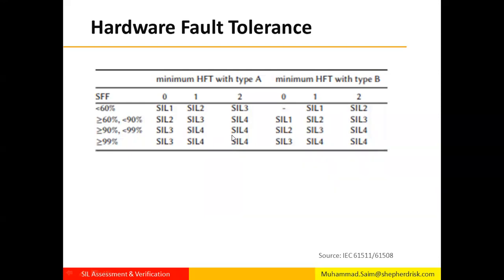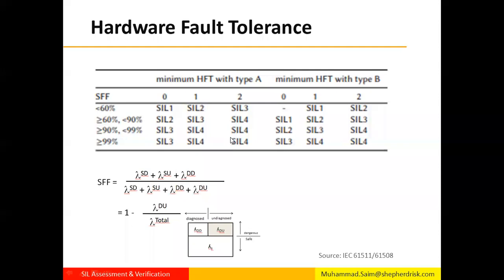There are two tables actually. One is for type A and the other is for type B. Type A hardware are mechanical intensive hardware such as switches or valves, and type B hardware are typically the smart transmitters or PLCs.